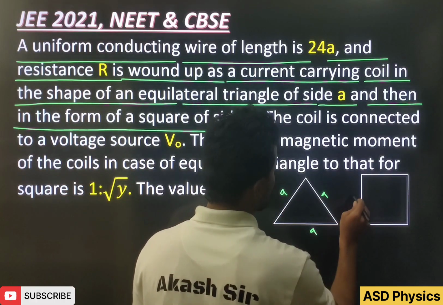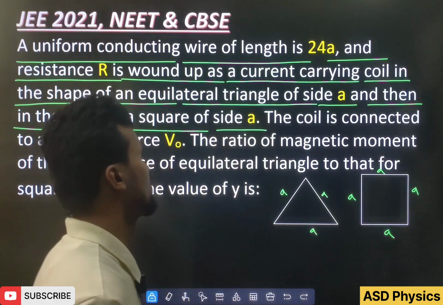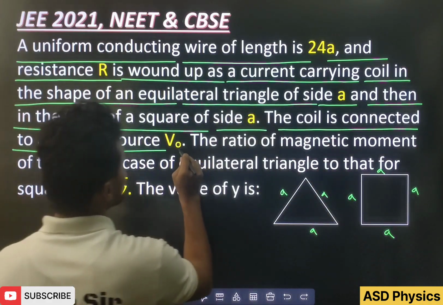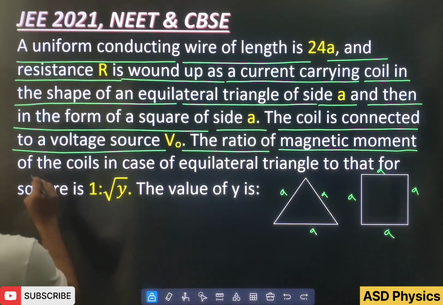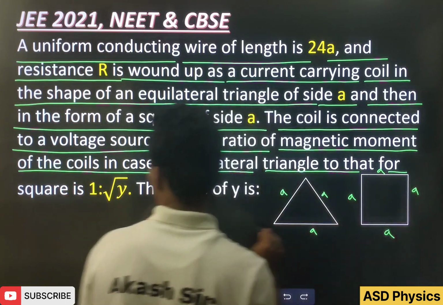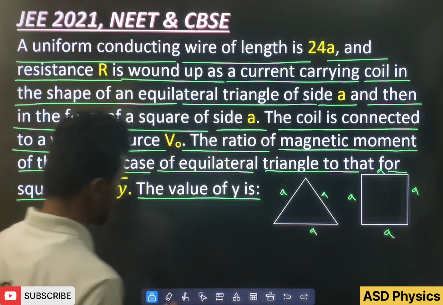Side is A. Even in the square also, what is there? The side is A, according to the question. Now see, the coil is connected to a voltage source V. The ratio of the magnetic moment of the coil in case of equilateral triangle to that for square is 1:√y. What is the value of y?